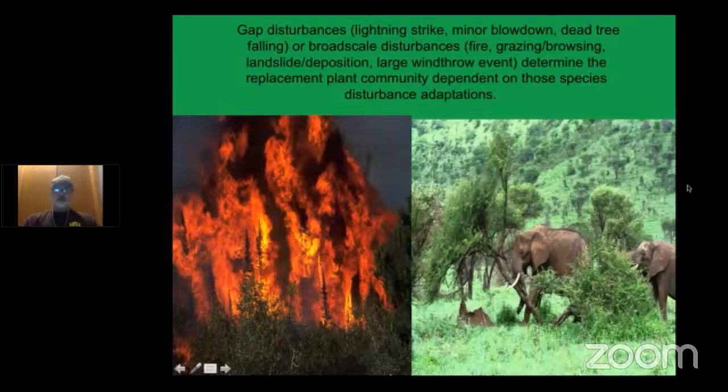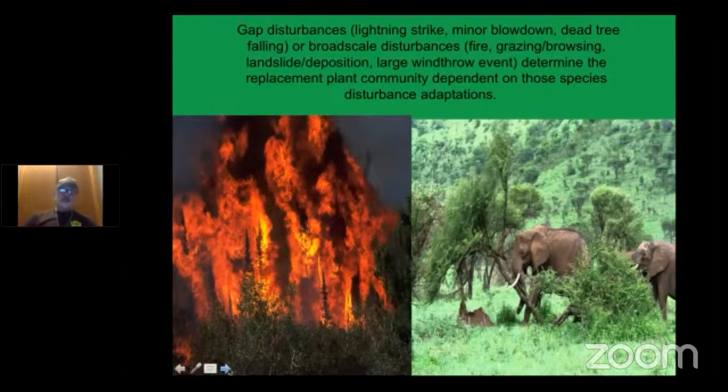Those are all disturbances, and it's the type of disturbance and the disturbance adaptations of the plants in there that affect whether that plant community can propagate, can regenerate or not.